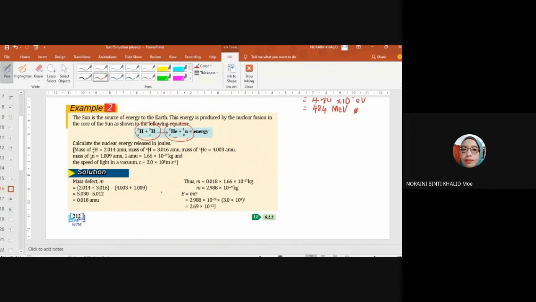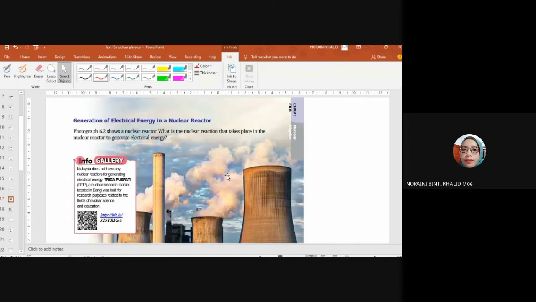You need to use the mass of nucleus given here. Then convert the mass to kilograms, substitute into the formula, and you will get the answer in joule. Again, if you want to convert to eV, you just divide by 1.6 × 10^-19, so you change the unit from joule to eV.